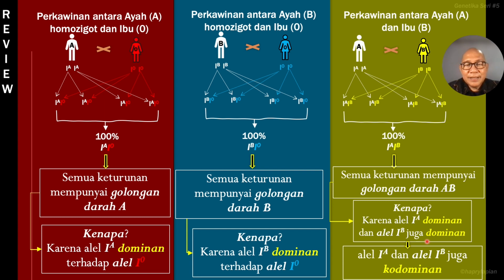On the other hand, blood type AB arises from the codominance of IA and IB. So IA and IB are equally dominant.